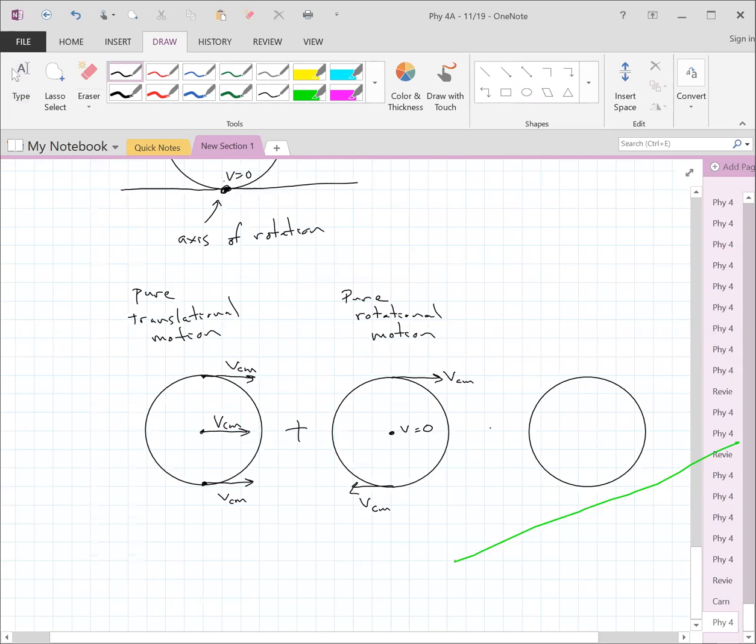Let's add these together. And what do we get? We get the center of mass velocity plus 0. So we've got the center of mass moving at v center of mass. The point at the top is moving how fast? v center of mass plus v center of mass. We're adding those two together, and we get 2v center of mass.